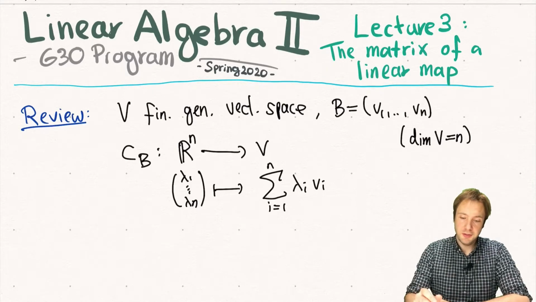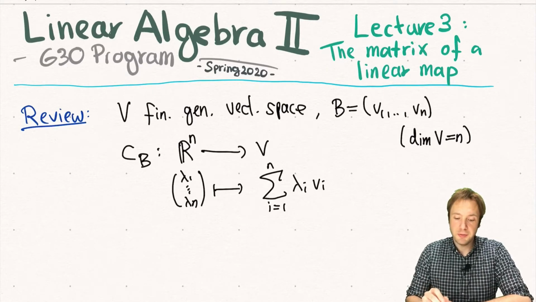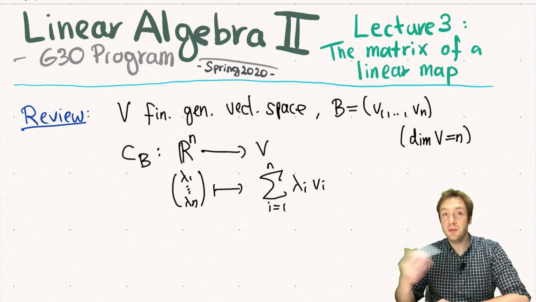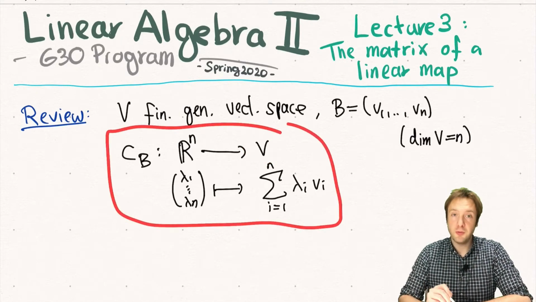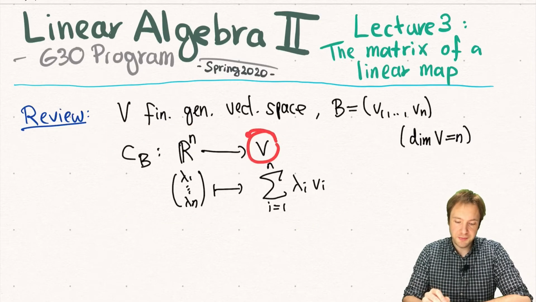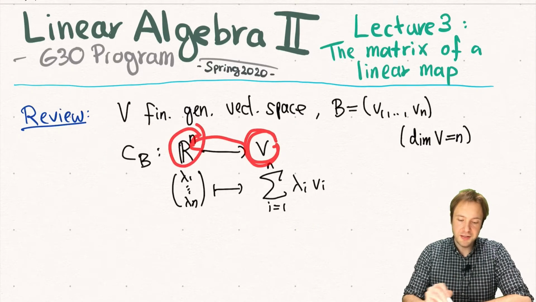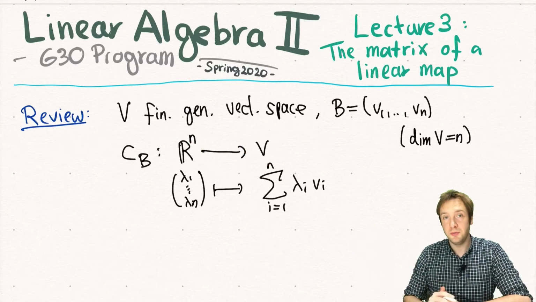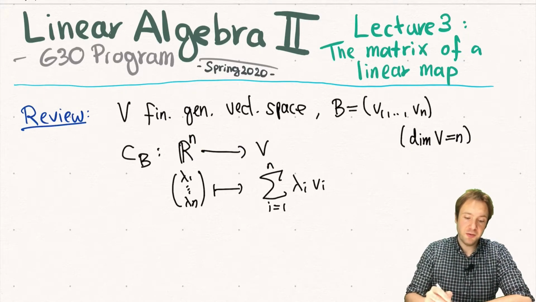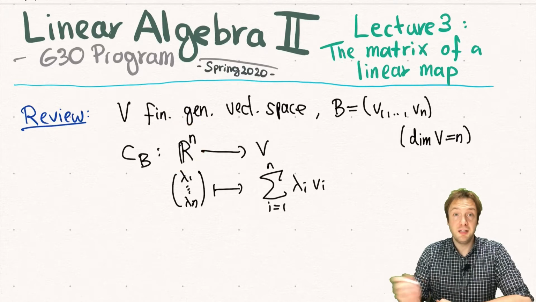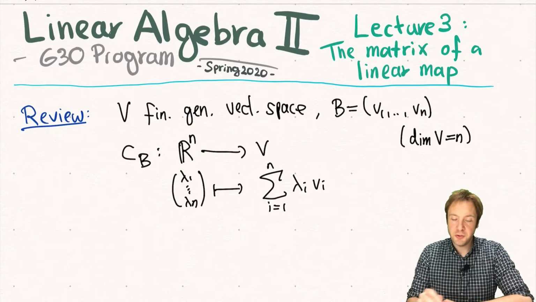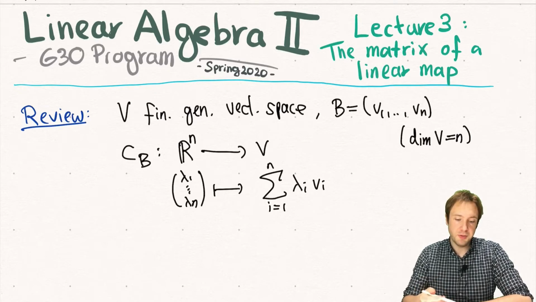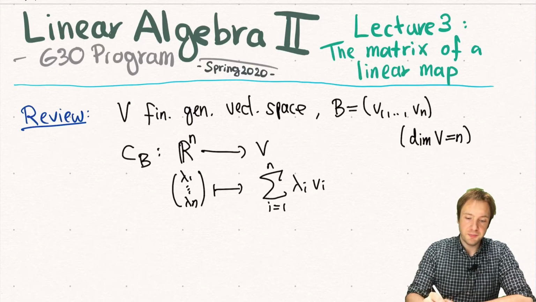Therefore, when we have a linear map from the vector space V to some other vector space W, we will use this coordinate map to first translate, go back to R^n, and also for W we can go back to some R^m, and then consider the linear maps between R^n and R^m, which are given by matrices. Depending on the choice of these bases, we will assign to this linear map between V and W a matrix.